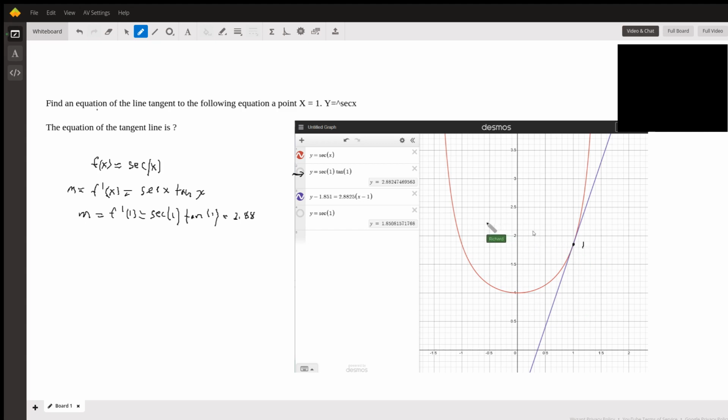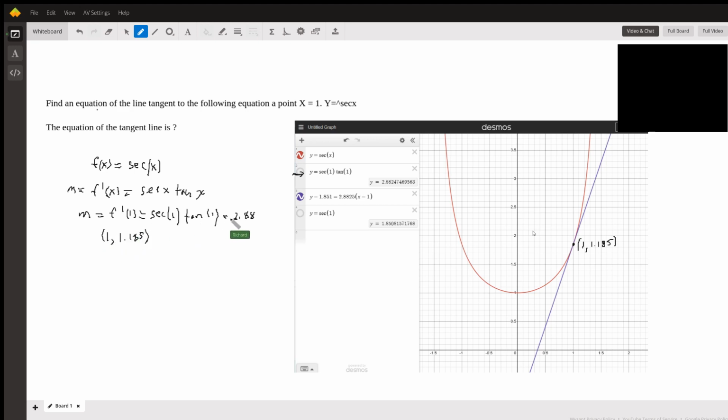The secant of 1 is 1.185. You can see that's coming from the calculator. So we have a slope and we have a point, 1, 1.185.